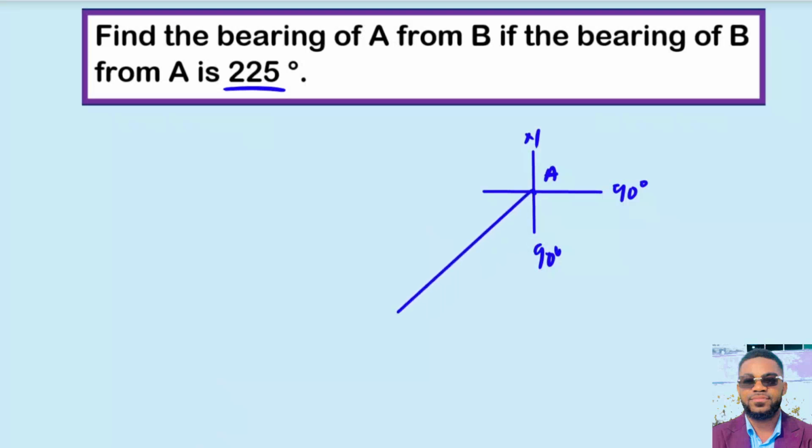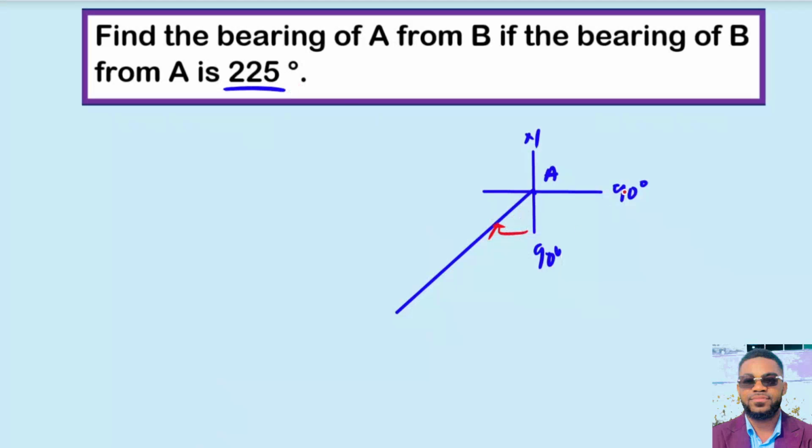So we have our bearing here. We're going to get 225 degrees in this quadrant. What you have to know is that we've covered 90 plus 90, making 180, plus a certain angle from this point to this point, to make 225. We just have to find that number.